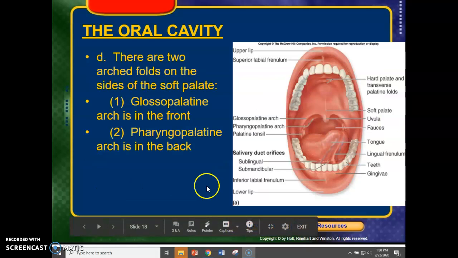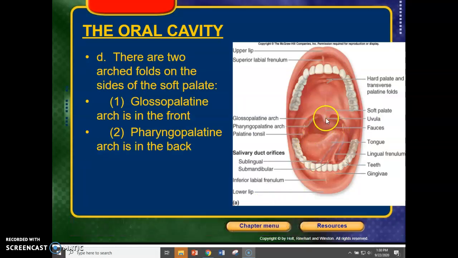Now, here's another way of looking at it. Here in the back is the pharynx, the uvula, the hard palate up here, the soft palate, this area, and this whole part here is called the palatine velum. There are two arches, and you can see there's an arch and then another arch over here. These are called the glossopalatine arches.